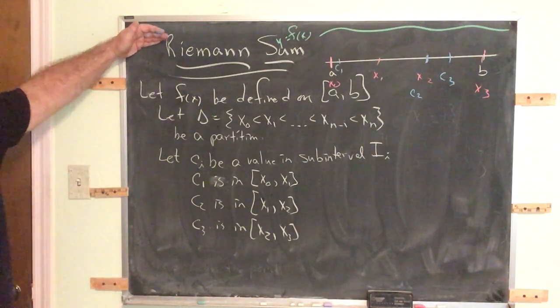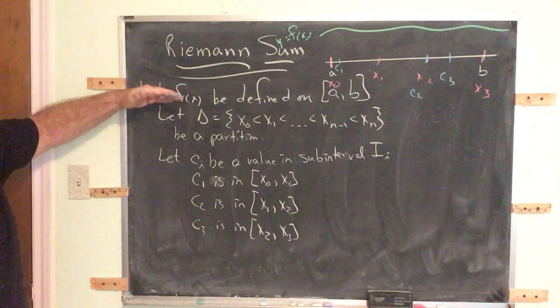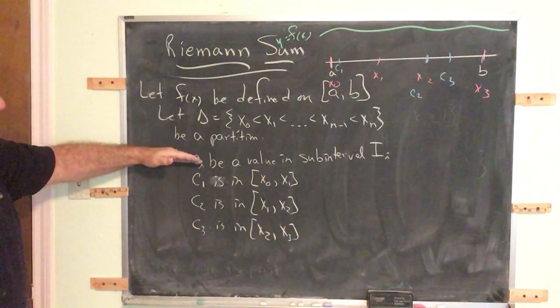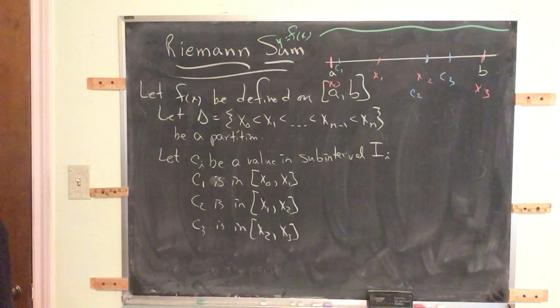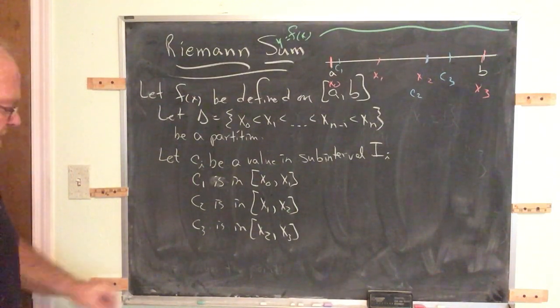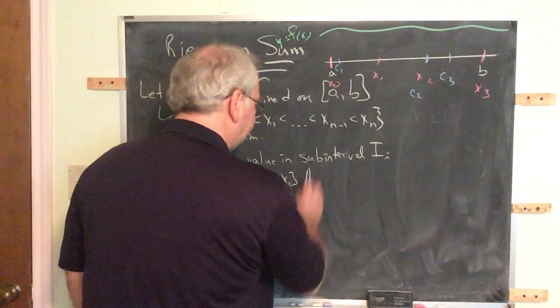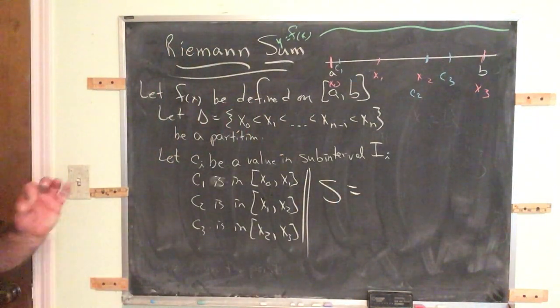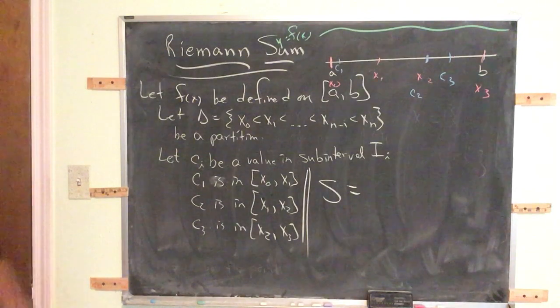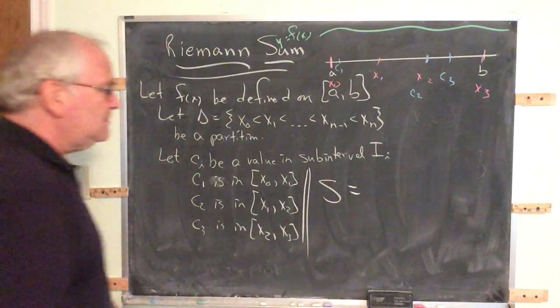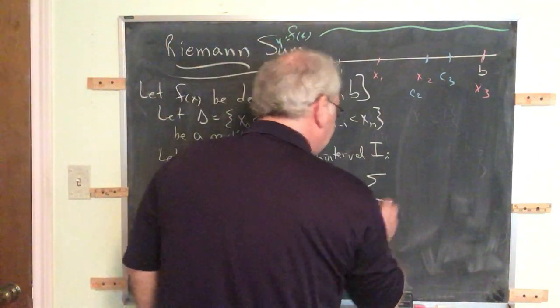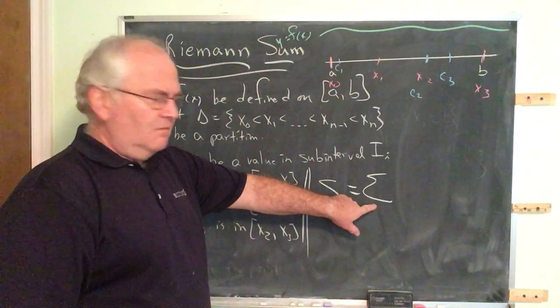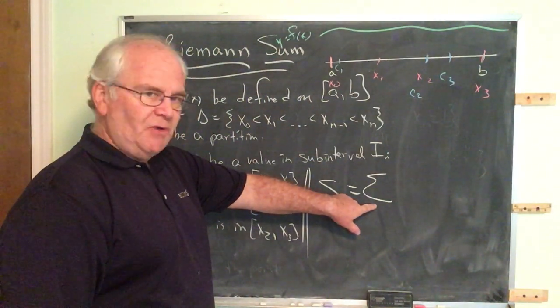So Riemann sum says this. We have f is defined. We have a partition. We've chosen a value from each of those subintervals. Then the Riemann sum, S, is given by the following. It is the sum. Remember, capital sigma means the sum, which means you add all these up.